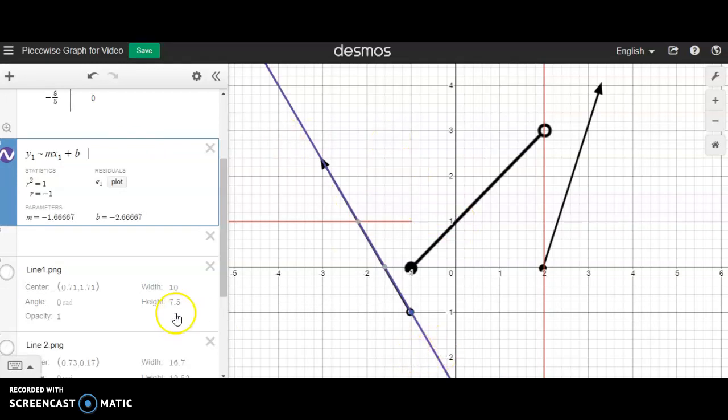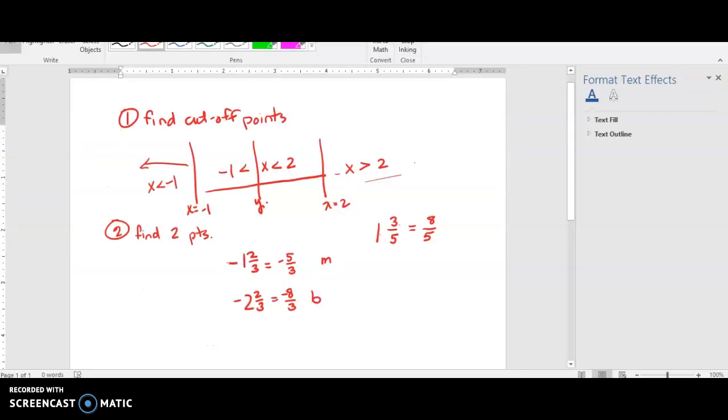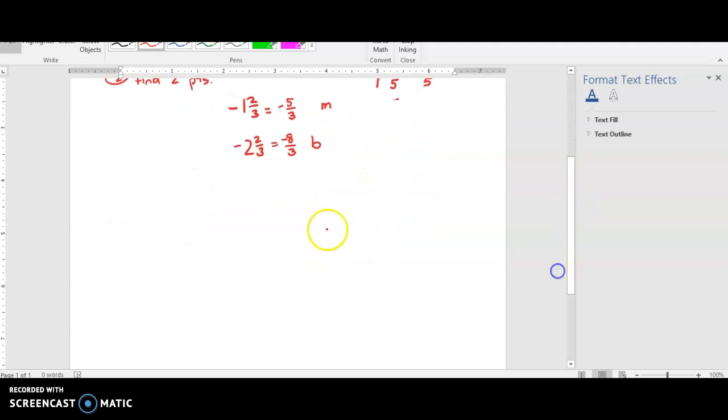If you want to write it for what it is, you would have your first equation. It's going to be, well, you got f of x out here, and you've got -5/3 x minus 8/3.